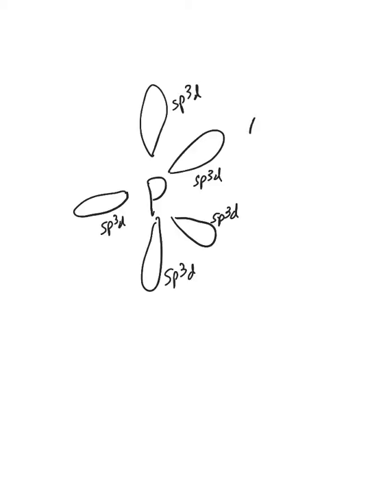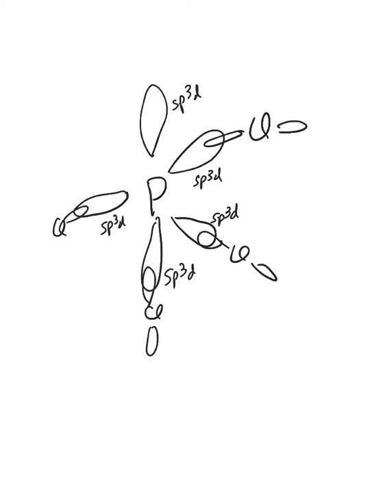And we've got a chlorine that's coming in, with an unhybridized p orbital, and those are the 3p orbitals that have a single electron in them.